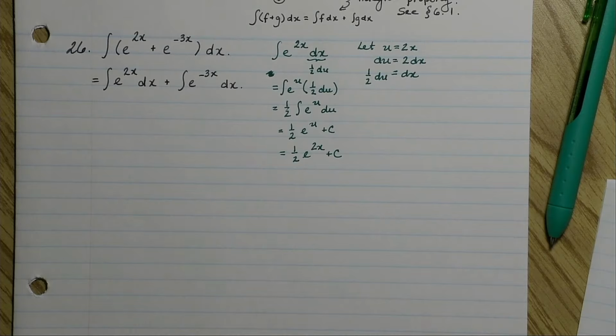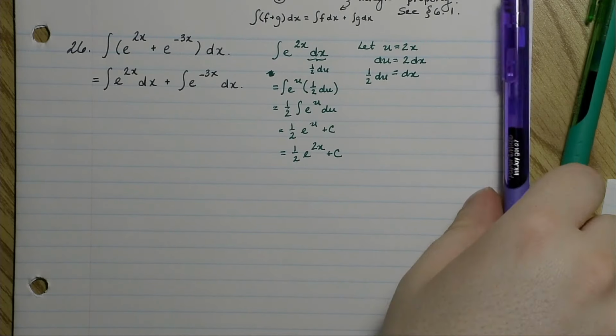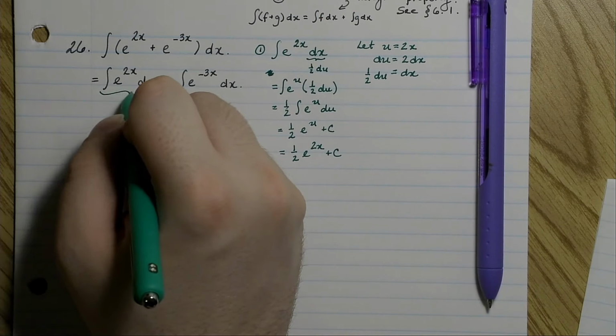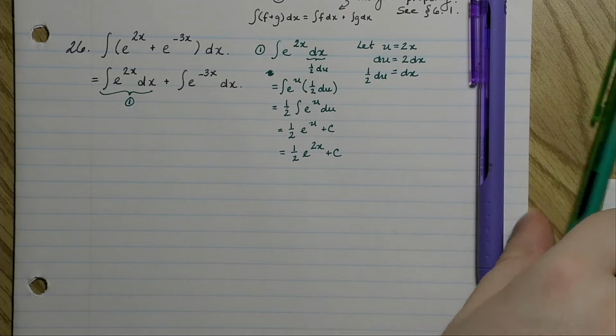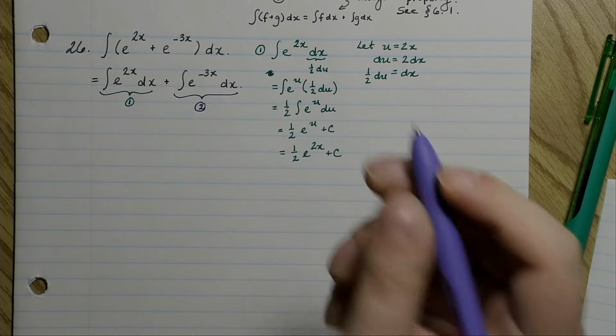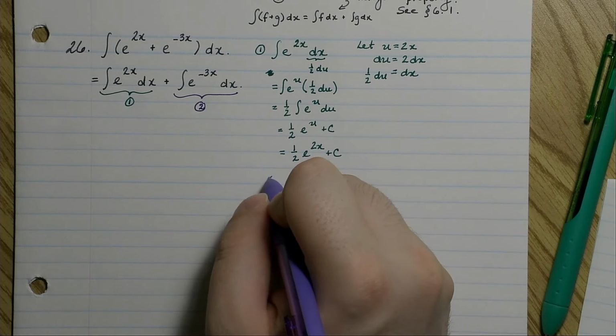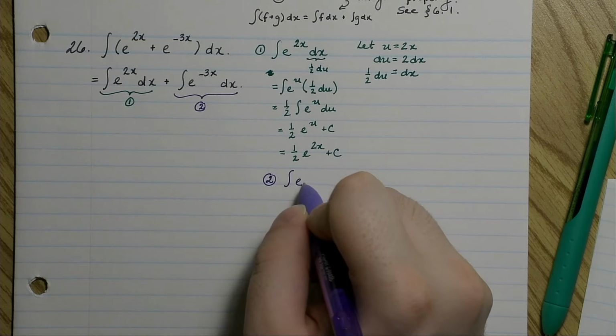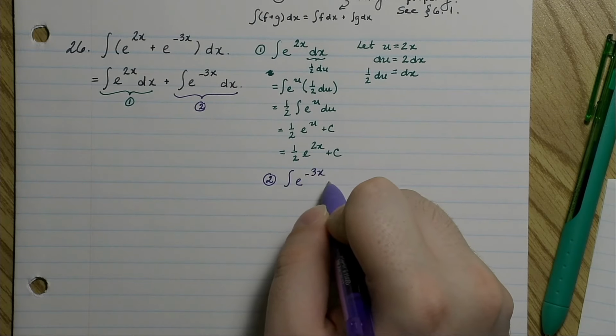I'll switch to a different color here. So let's say here's 1, and I'll do 2 over here. So the integral of e to the minus 3x dx.